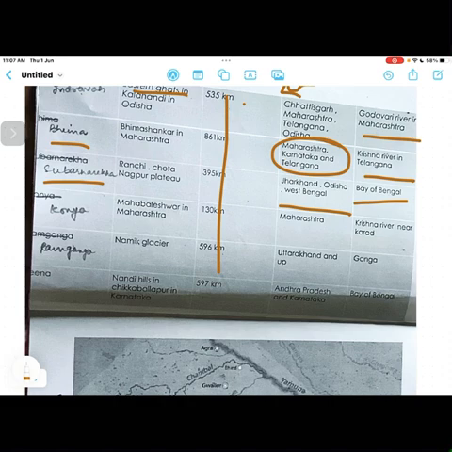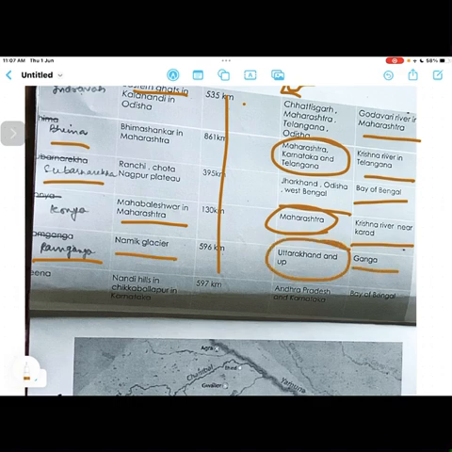It is originating from Mahabaleshwar in Maharashtra, right? Passing through Maharashtra only and meeting up in Krishna river. Then is your Ramganga from your Namik glacier, passing through Uttarakhand and UP and meeting in Ganga. This Veena river, Nandi Hills in Chikkaballapur in Karnataka, and passing through Andhra Pradesh and Karnataka and ending up in Bay of Bengal.